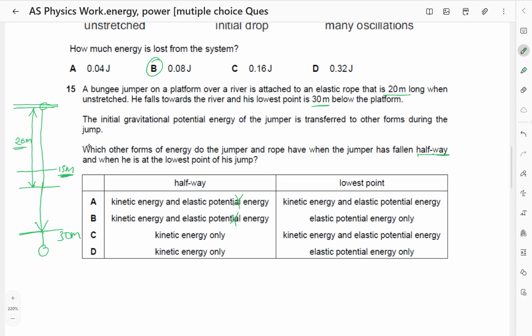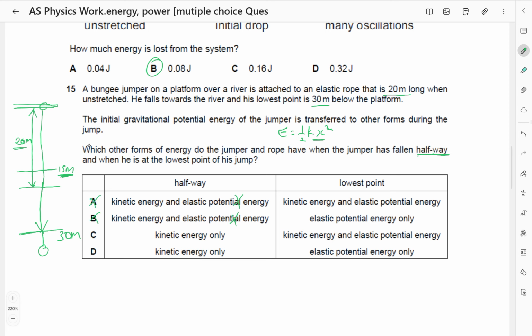The unstretched length is 20 meters, but halfway is 15 meters. That means the rope has not yet started stretching. And remember, the elastic potential energy is equal to half k x squared, so it depends on x. If there is no extension of the rope yet, then there is no elastic potential energy. So we have eliminated A and B.